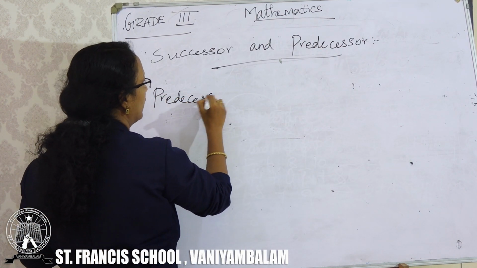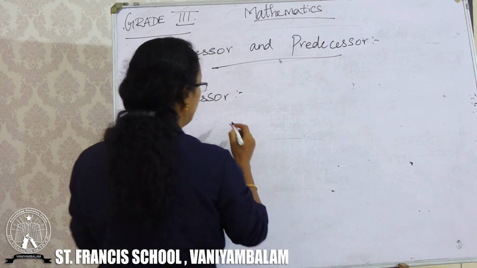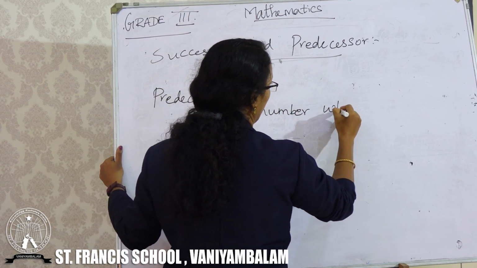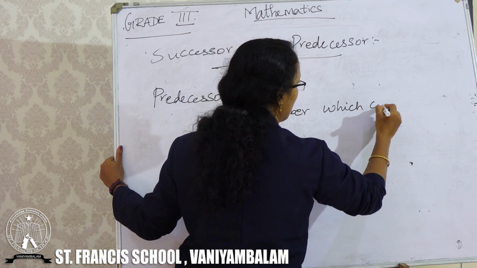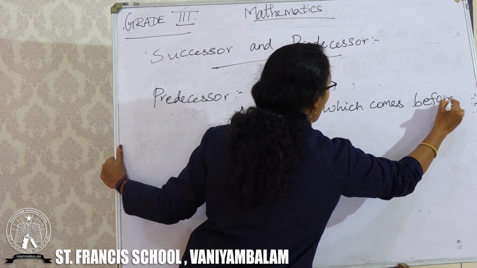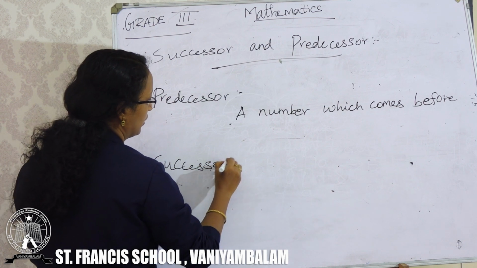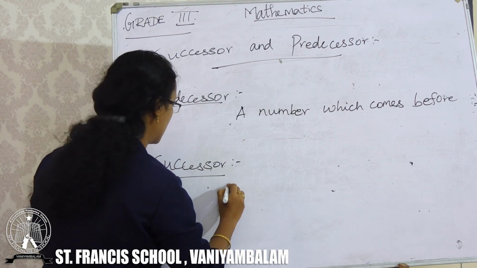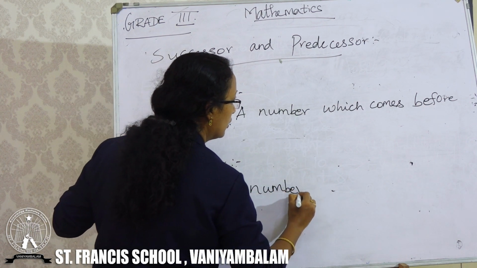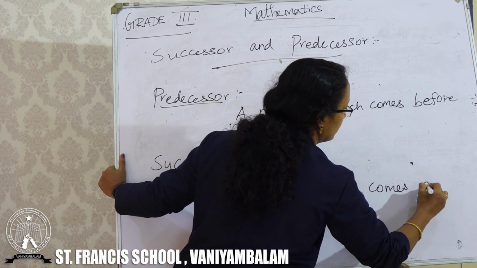I told you, a predecessor is a number which comes before. That is your predecessor. And what is your successor? A successor is a number which comes after.